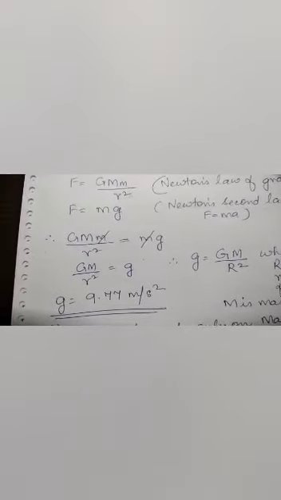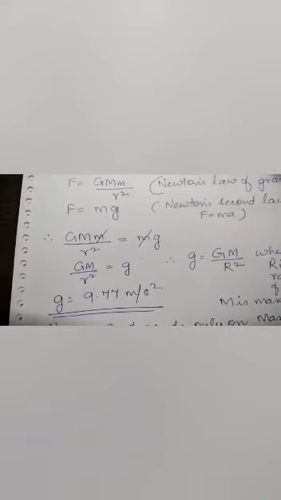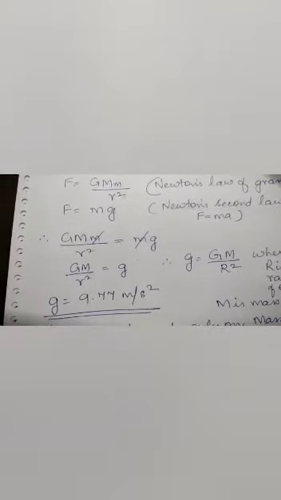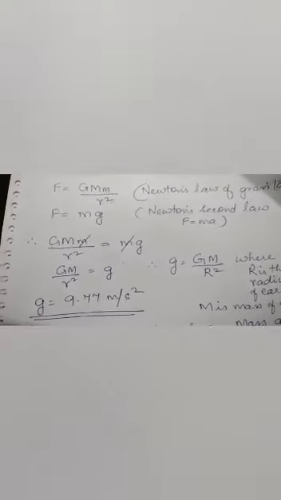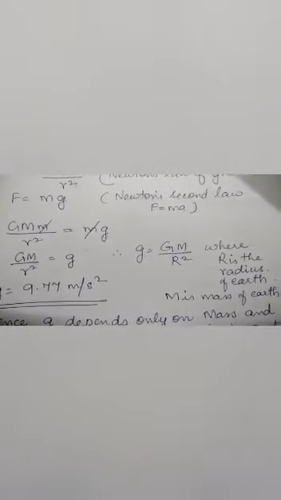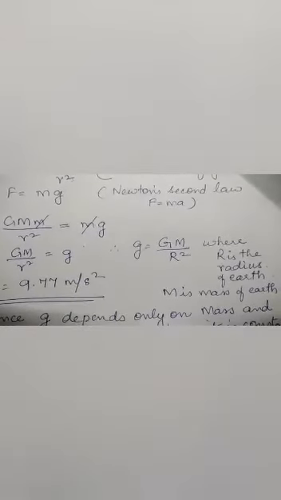Now, equating both, you can see that m gets cancelled, and hence we get g is equal to G M upon R square. Here g is equal to G capital M upon capital R square, where R is the radius of the Earth and M is the mass of the Earth.